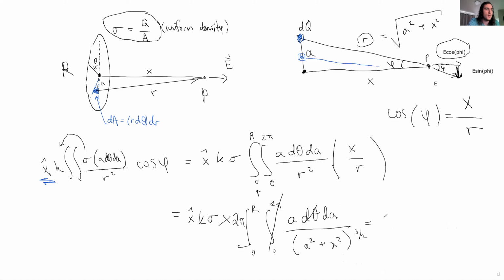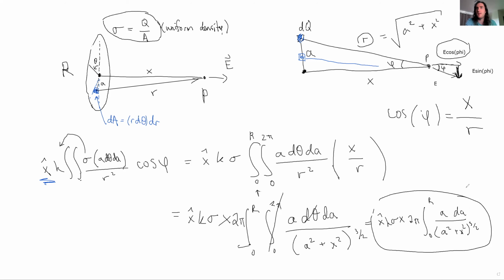So the important part here is the x hat direction, k sigma x and the 2 pi, times the integral from 0 to r of a over a squared plus x squared, raised to the 3/2, and we're integrating dA there. Okay, so that's our answer right there.